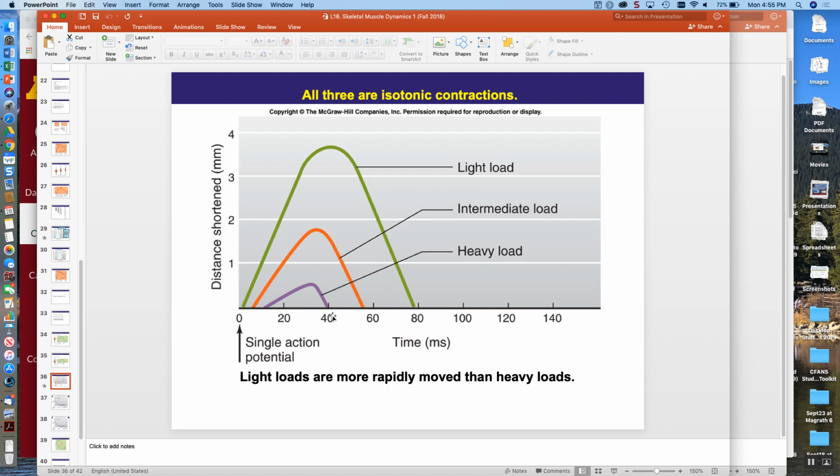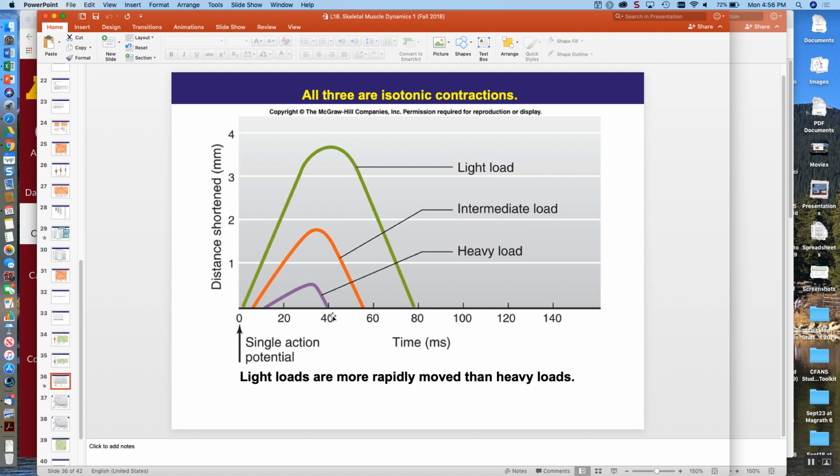It's in a lab, and the stimulator is actually analogous to the motor neuron. So the motor neuron is the stimulator. In this case, in the laboratory, you actually have an electrode that passes current and gives it a shock. That's what the motor neuron does in real life.